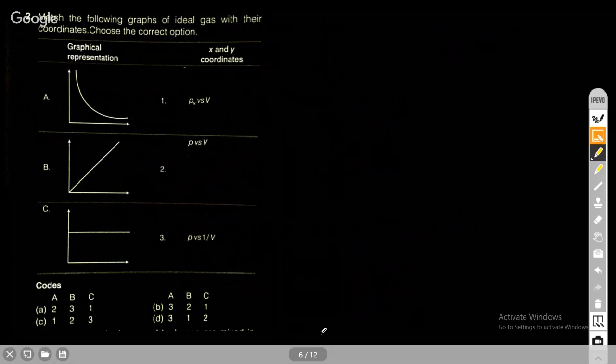We have discussed this. Tridev, you see, first of all, you just need to write down the expression PV is equals to nRT. And then one by one, we'll try to draw the structure. The first one is PV versus V. Obviously here we have to take this temperature constant, right? So if temperature is constant, then PV is equals to constant.